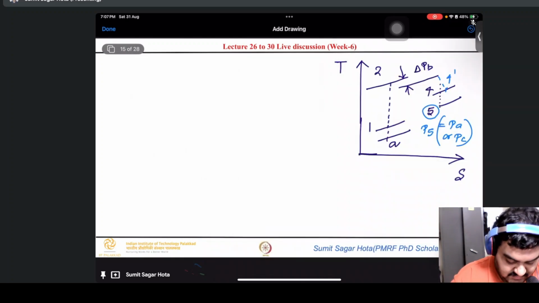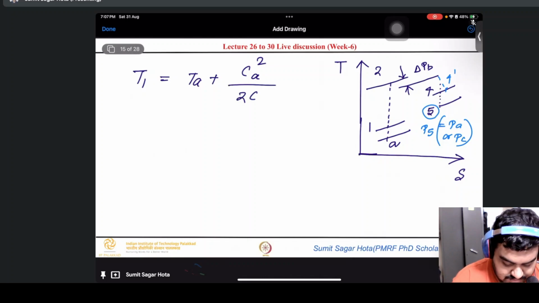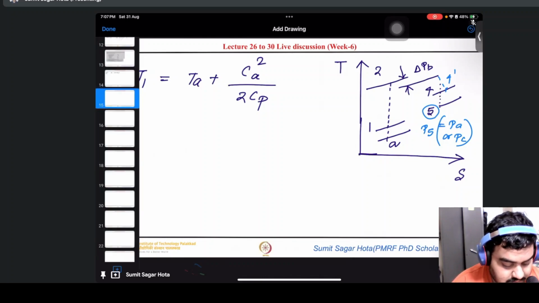So T1 we just find out, T1 is equal to TA plus CA square divided by 2CP.